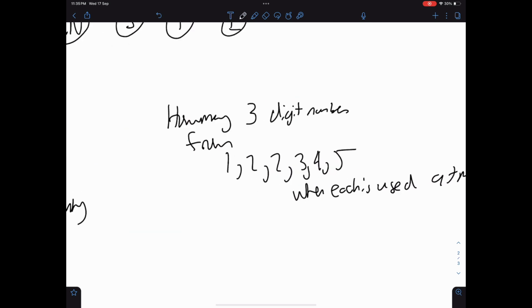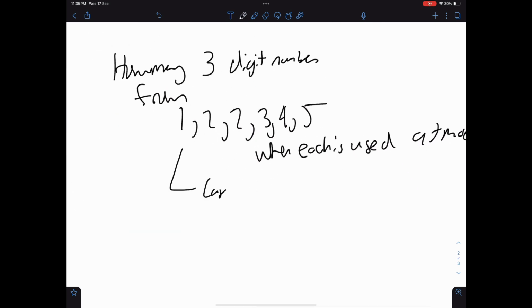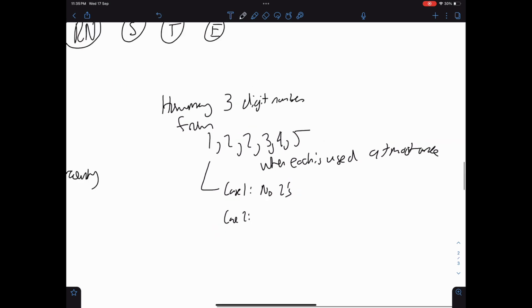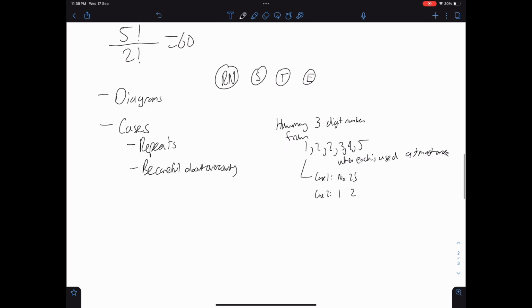Here I would split into the cases. Case 1, no 2s. Case 2, 1, 2. And then I'd go from there.